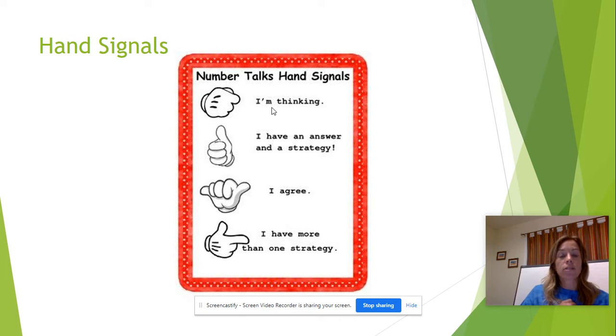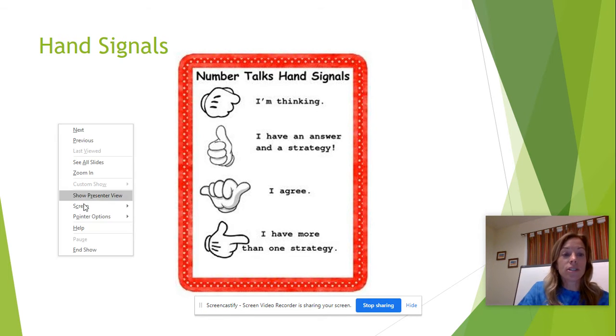Once they have their answer, they are going to give a thumbs up. That means I have an answer, I have a strategy. And once they start sharing, you might see kids do this, which means they agree with one another. Sometimes during this process, your child or other children might stay like this, meaning they're still thinking, because we all learn at a different pace and that is perfectly fine.